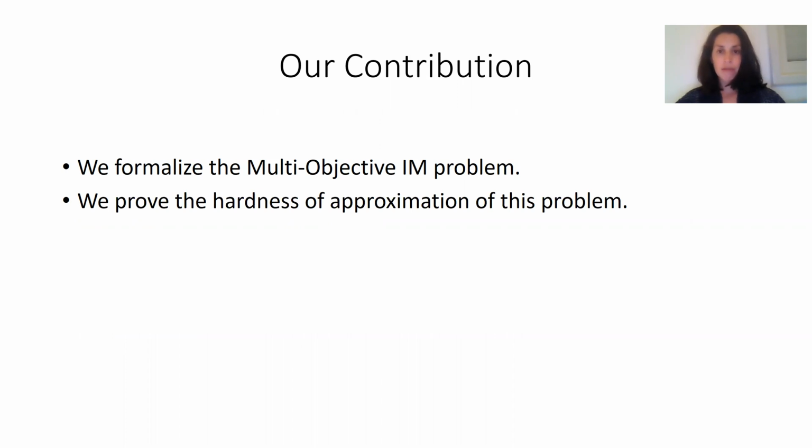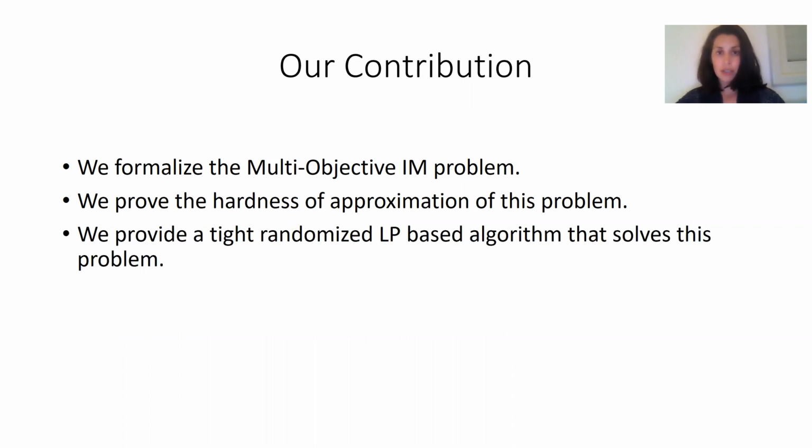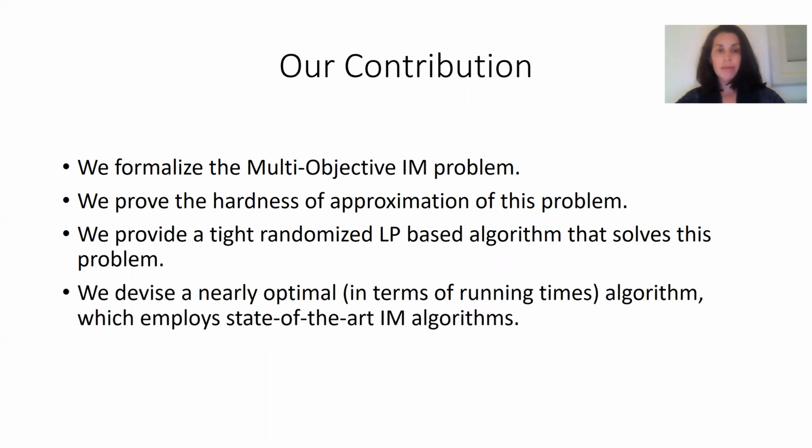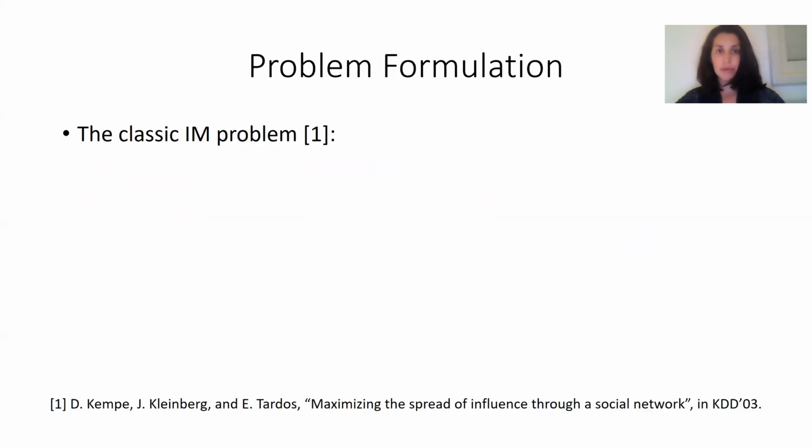We prove the hardness of optimization of this problem, in particular showing it to be harder to approximate than the classical influence maximization problem. And we provide a tight randomized linear programming-based algorithm which solves this problem, and also devise a nearly optimal algorithm in terms of running time, which employs a state-of-the-art IM algorithm as an input.